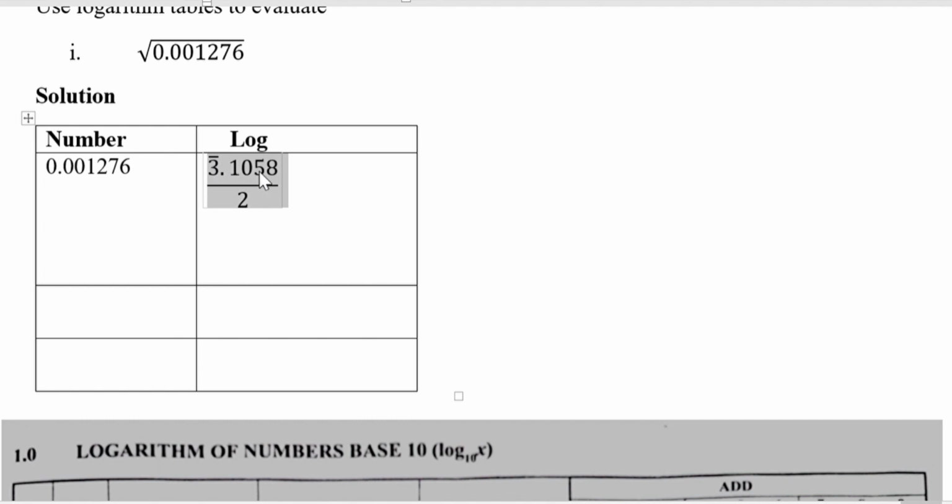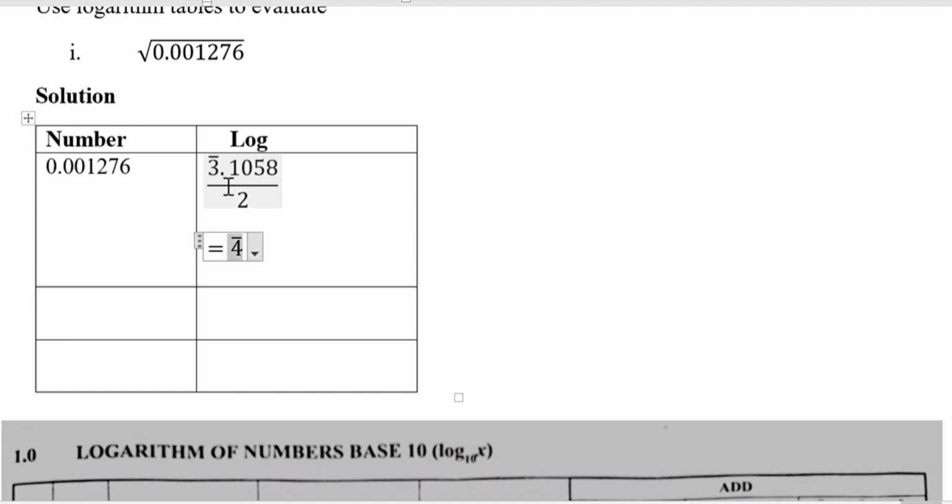So we shall have this one look like bar 4 from the fact that we have borrowed 1 from here, and then plus we take the one we have borrowed from here, add it to this. Remember this is 0.1058. When we add 1 that we had borrowed from here, it becomes 1.1058. And the reason for that is that what we have borrowed from here is a whole number. That's why we add it here.